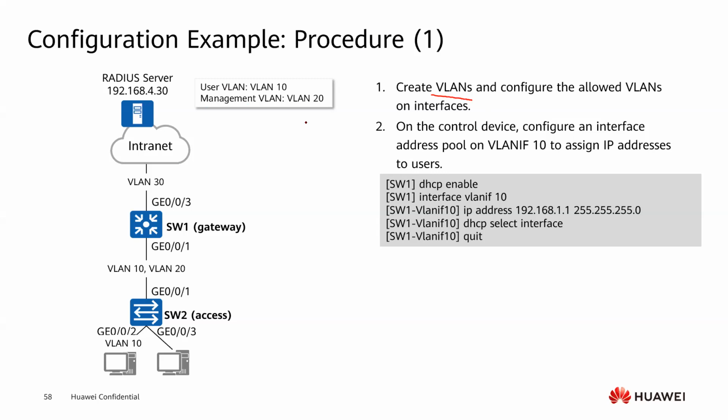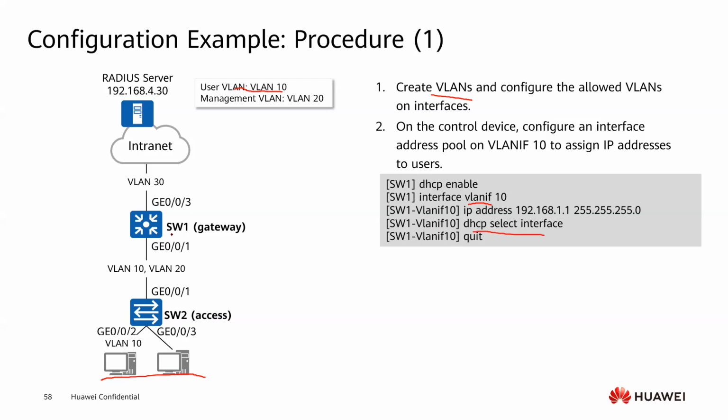And then you can configure the control for SW1, and you configure SW1 as a DHCP service for the users to get the IP address, because the user VLAN is VLAN 10. For VLAN 10, you just enable DHCP.